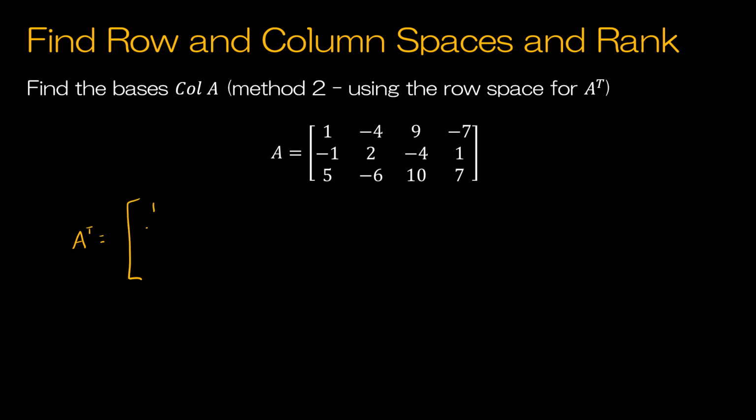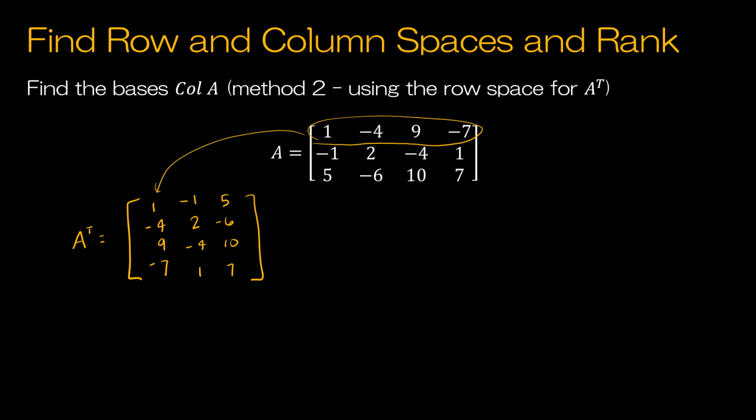So 1, -4, 9, -7, -1, 2, -4, 1, 5, -6, 10, 7, again because the transpose is taking rows and turning them into columns and vice versa, and then doing the math again to row reduce. So if I row reduced this, I would have 1, -1, 5.